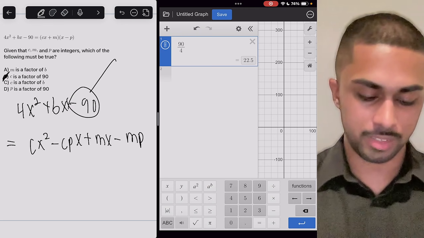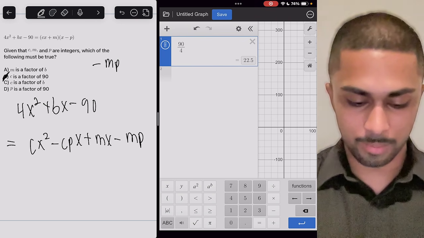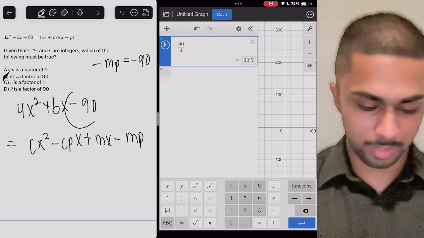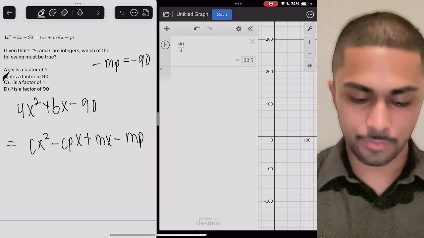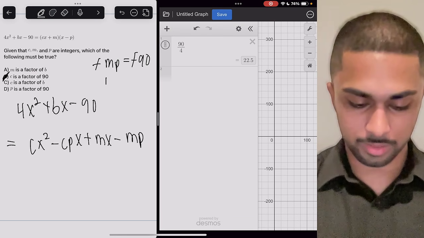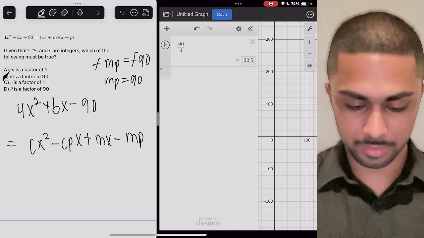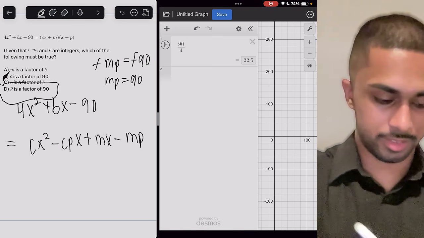MP does not. That means the only thing that it can equal is negative 90. So negative MP equals negative 90 because these two are equal to each other. If you multiply both sides by negative 1, the negatives just cancel out. You get MP equals 90. And from here, you can just see that D is your answer.